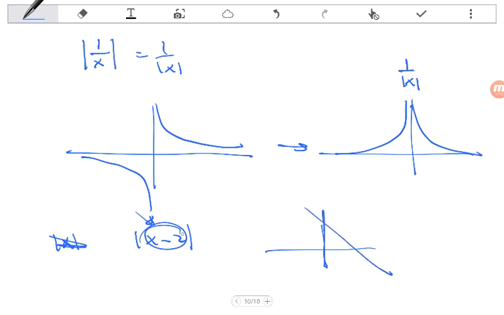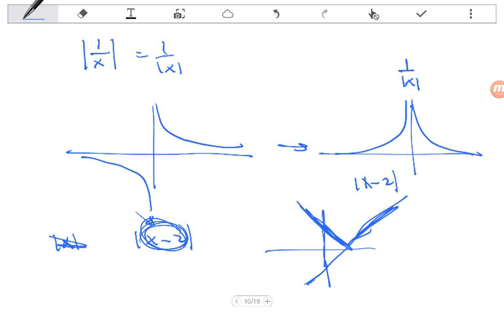I graph it like this, and it has a positive slope, so it would be like this. Then I make all the negative to be positive, so the graph of the function will be like this. This is absolute x minus 2. I just graphed the function inside the absolute, and any negative I took it above the x-axis.